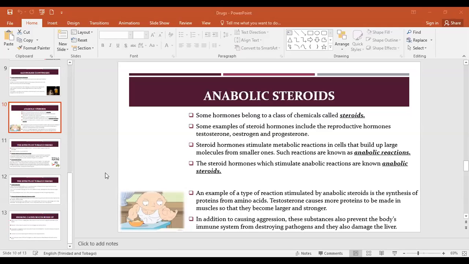They stimulate metabolic reactions in those cells that are responsible for building up larger molecules. Those are called anabolic reactions, all right? So testosterone will build up your muscles, for example.